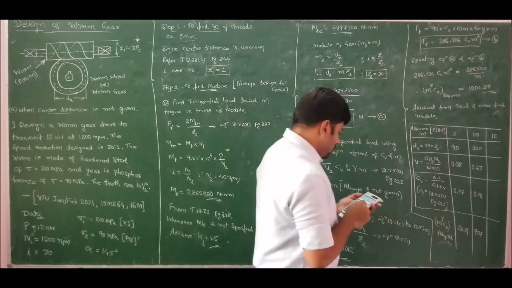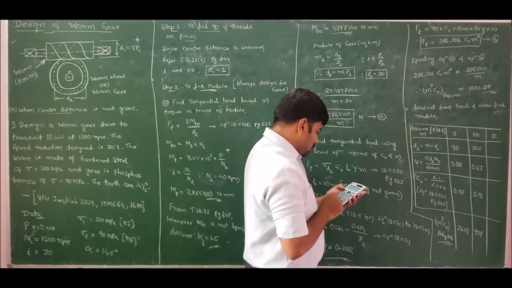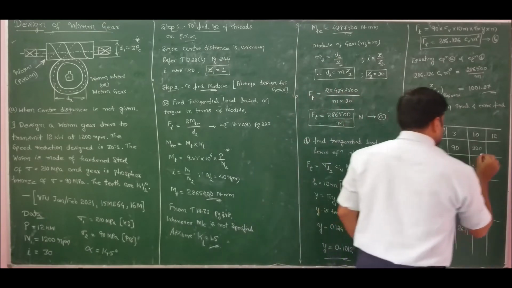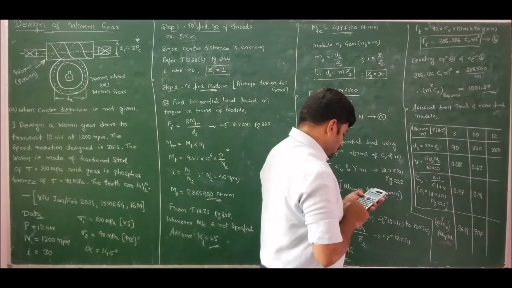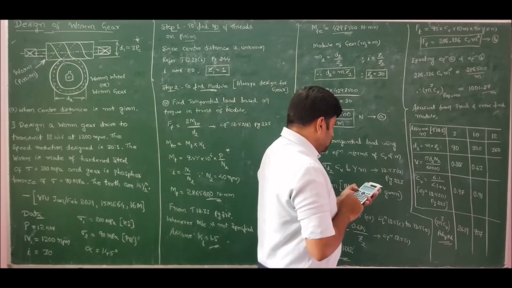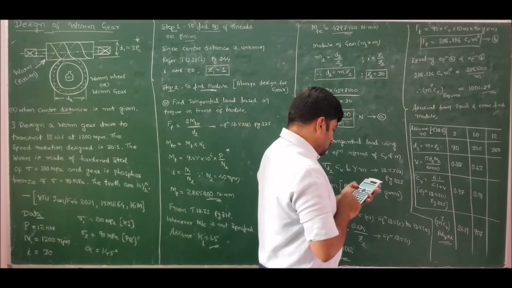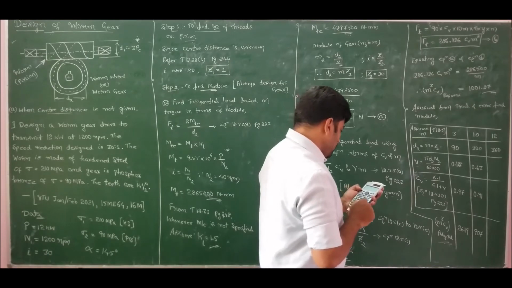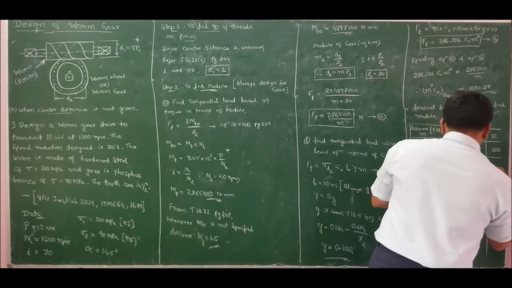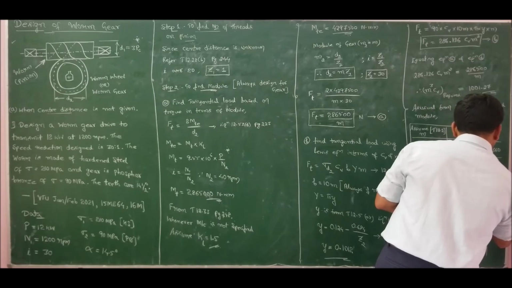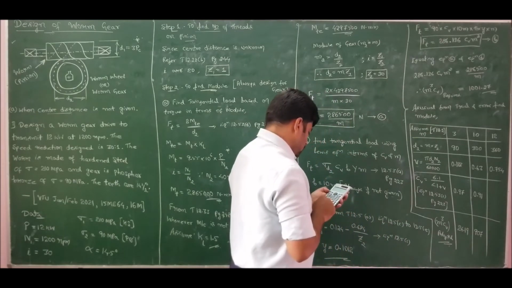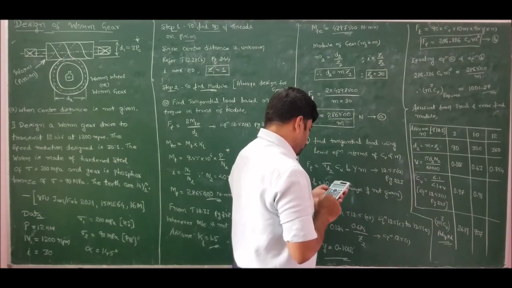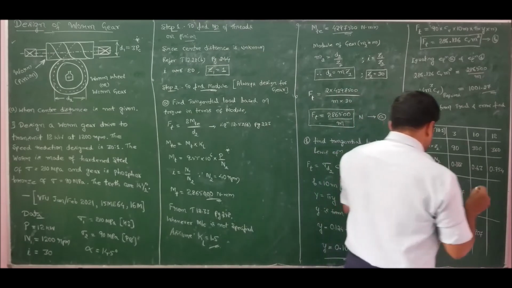If I go for 12, I will get diameter as 12 into 30, which is 360 mm, and velocity will become pi d n, with n as 40, divided by 60,000, which is 0.754 meters per second. Hence CV is 6.1 by 6.1 plus 0.754, which is 0.89.